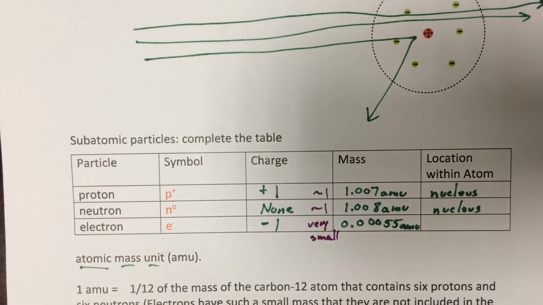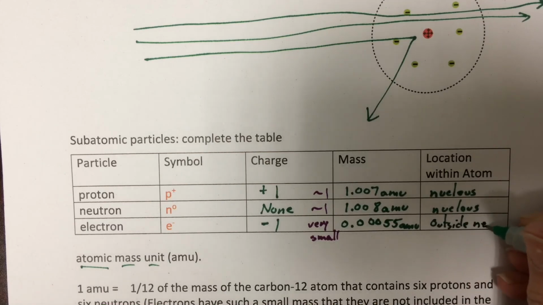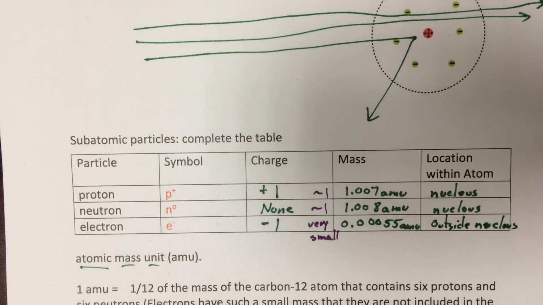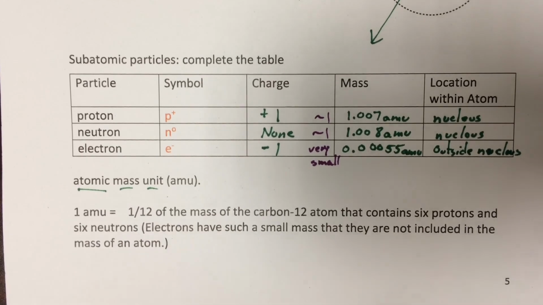The electrons are found outside of the nucleus. Okay, just a little more about AMUs. AMU's official definition is 1/12 of the mass of a carbon-12 atom that contains 6 protons and 6 neutrons. So the electrons have such a small mass, we don't even include them in the mass of the atom. Okay?